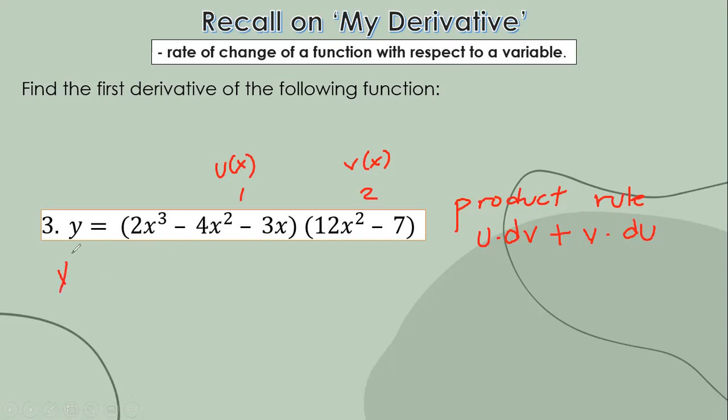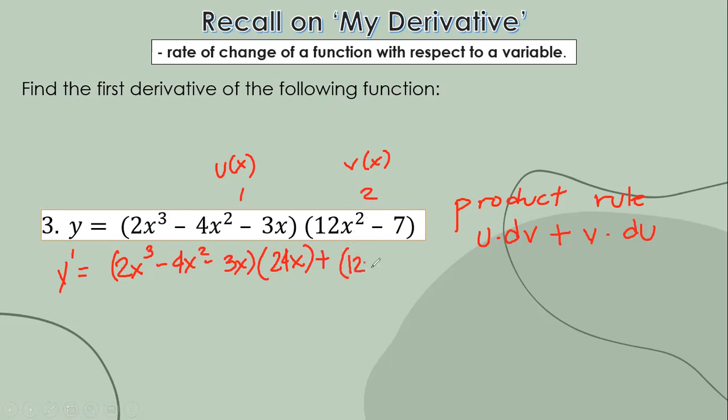So, let's try. Again, product rule, pag may dalawa tayong function, tapos pinag-multiply. So, let's have 2x cubed minus 4x squared minus 3x. Copy lang yan, kasi nga, u. And then, i-multiply natin sa derivative nung isa. Ano ba ang derivative nito? That is 24x. Plus, hindi pa tapos.